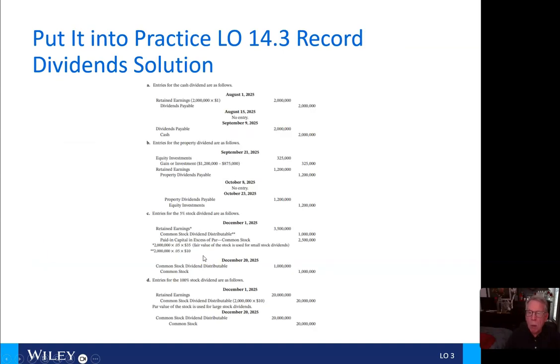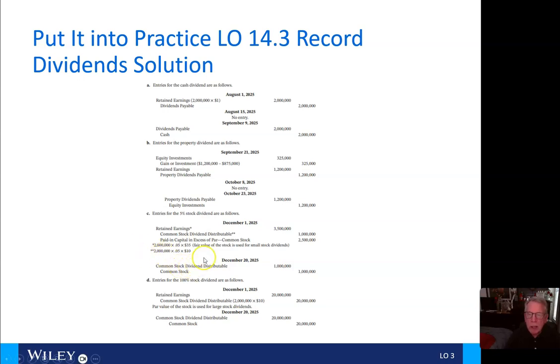So now what we do here for the small stock dividend, we'll debit retained earnings on December 1st and credit common stock dividends distributable here for $1 million, right? And then our paid in capital will be $2.5 million.